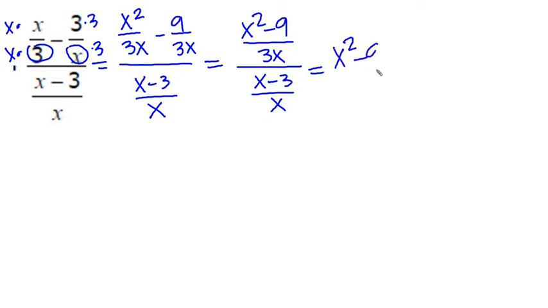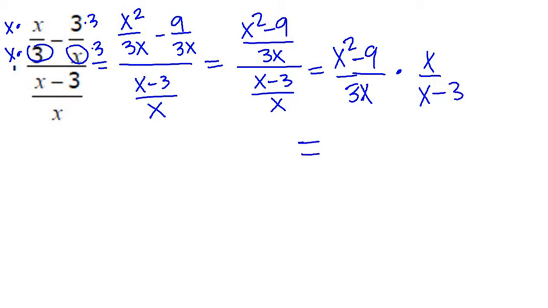So I have x squared minus 9 over 3x times x over x minus 3. Sorry, I didn't flip it at first.